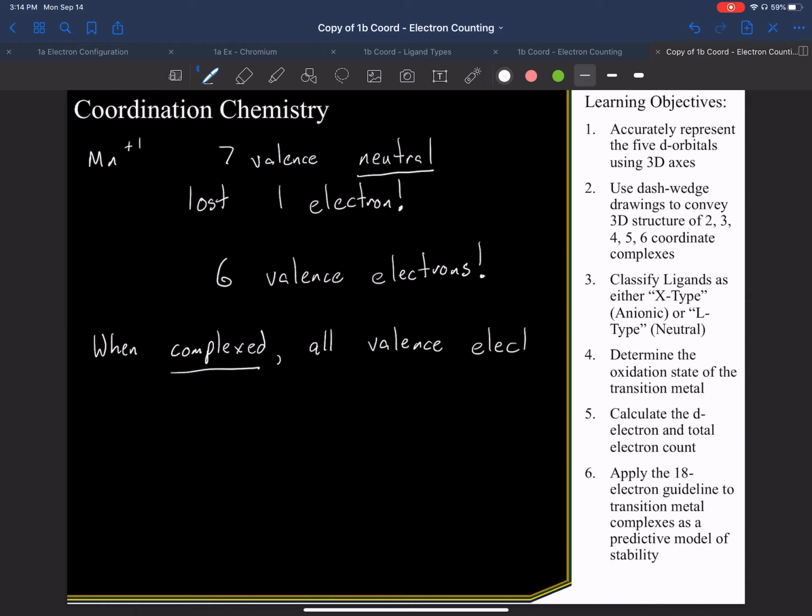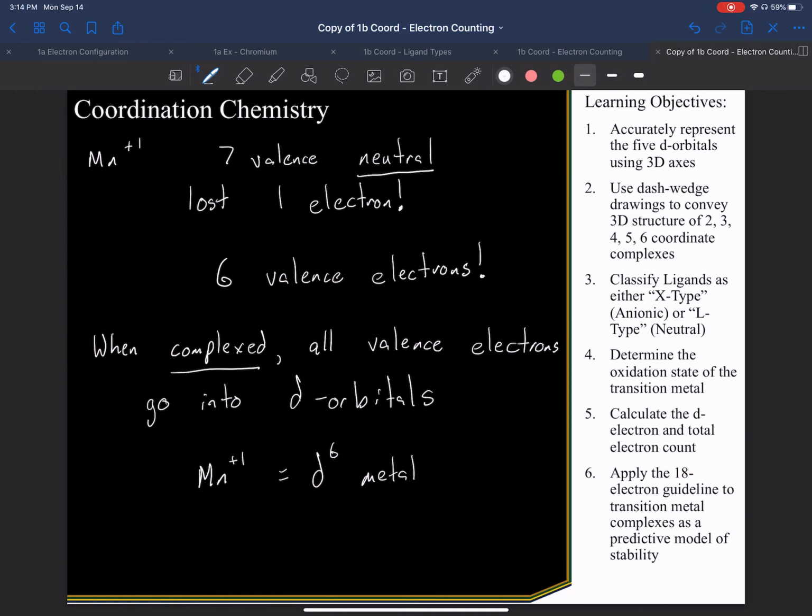When it has bonds to the transition metal, all the valence electrons go into d orbitals. And what this means is that when we have a manganese that is plus 1, we would refer to this as a D6 metal.